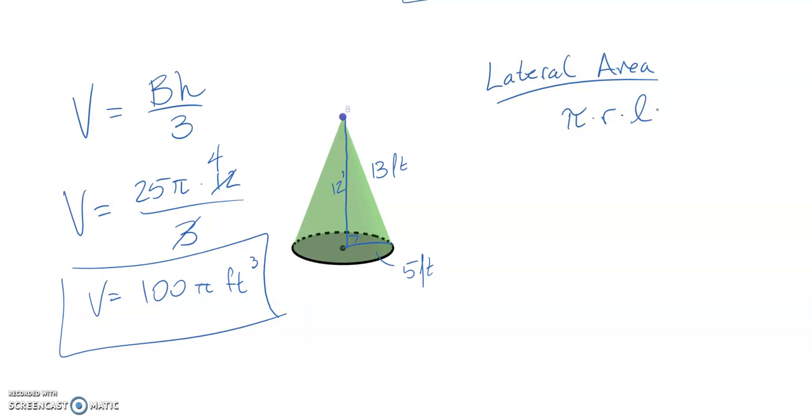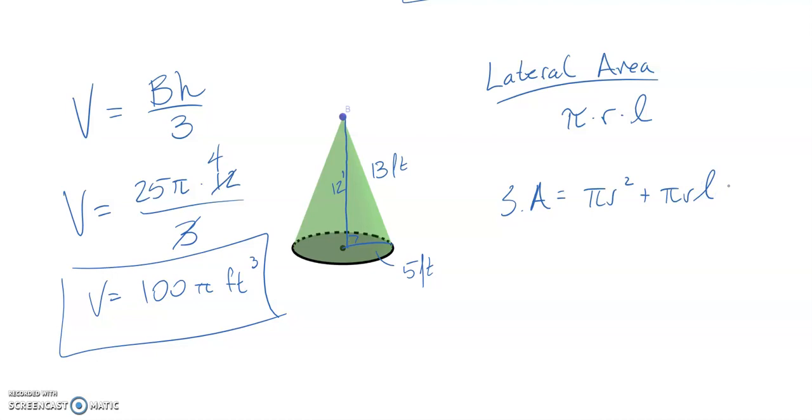So pi r L. Putting this together with the base, which is always going to be a circle, the surface area for a cone can be written as pi r squared, the area of the base, plus the lateral area, pi r L.